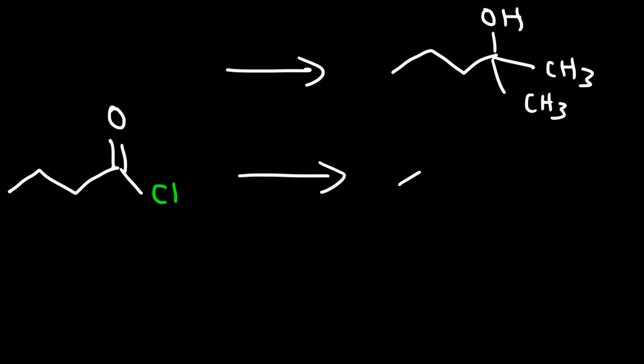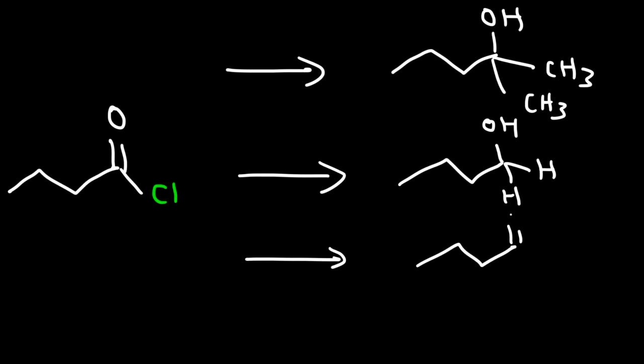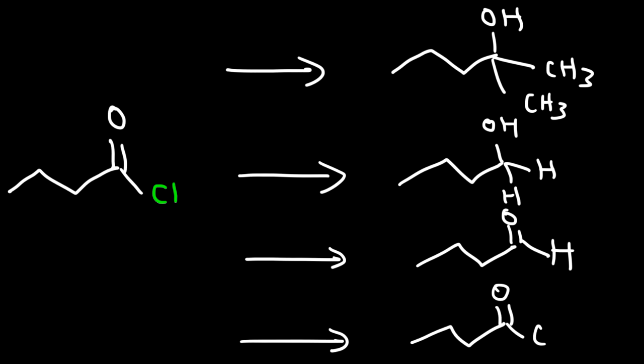And the second example will be a primary alcohol by the addition of 2 hydride ions. And the third example will be an aldehyde. And the last example will be a ketone. So how can we convert an acid chloride into these different compounds?